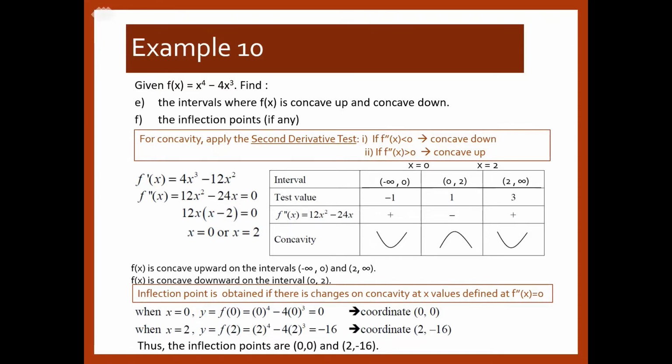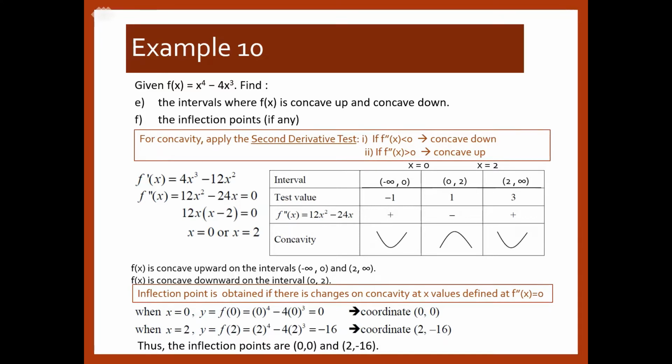By solving f''(x) equal to 0, you will obtain x equal to 0 and x equal to 2. These two points are used as the cutting points of the interval. From the second derivative test, the function f(x) is concave upward on the interval negative infinity to 0 and 2 to infinity, and concave downward on the interval 0 to 2.